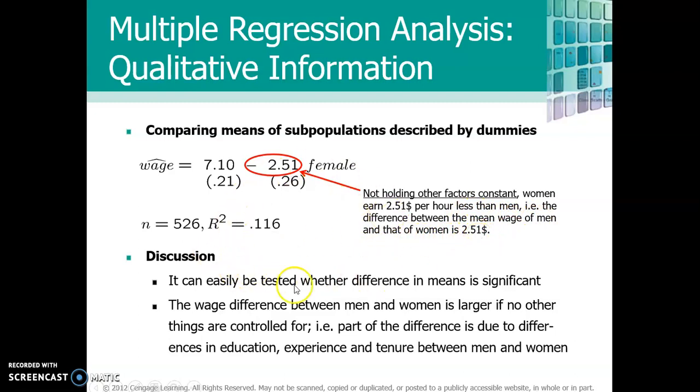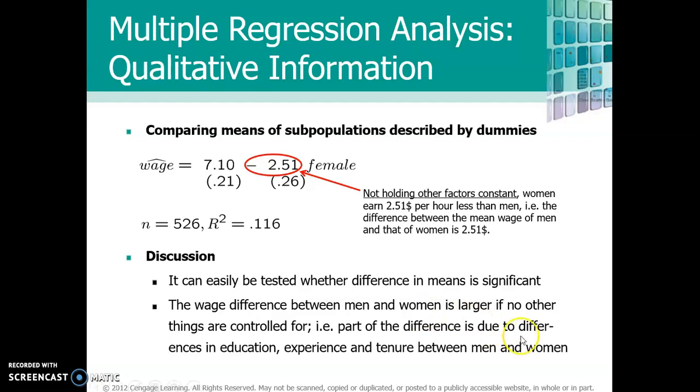So what do we want to describe here? What we want to indicate is that it can easily be tested whether differences in mean are significant. Secondly, we can look at the wage difference between men and women and determine whether it is large if no other characteristics are controlled.